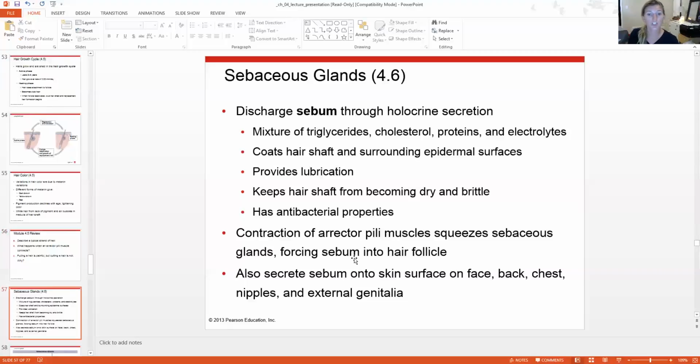There's also contraction of the erector pili muscles, which helps to squeeze the secretion out of the sebaceous gland. So when you get goosebumps, a little bit of oil is also coming out to help coat the surface to keep you warm. The sebum that goes on the face, back, chest, all those areas of our body is a special type of oil that's there for coating and protecting.